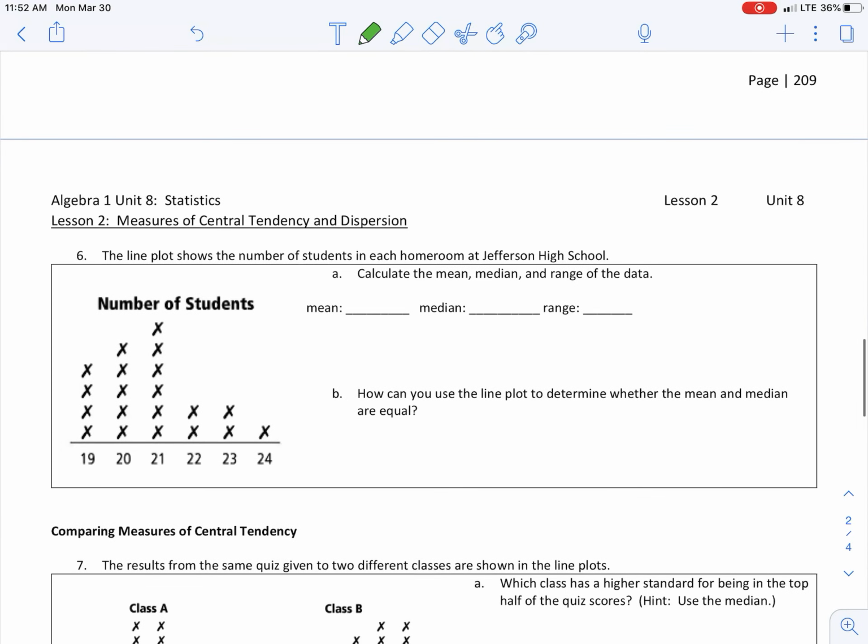All right, moving on. Okay, so again, we're going to do the same thing with number 6. I'm going to go ahead and list out my values. If you look here, I have 4 x's for 19, so that means that I'm going to have 4 19s. I'm going to have 5 20s.